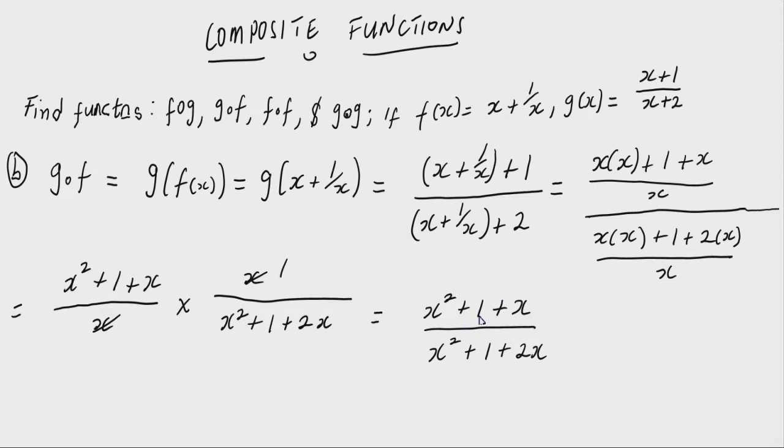Generally, we like to write the alphabets before the numerals, but I'll just leave it like that. I think we can solve this further and see where it leads us. So let's rewrite it so it makes sense to us as a quadratic equation, divided by x squared plus 2x plus 1.